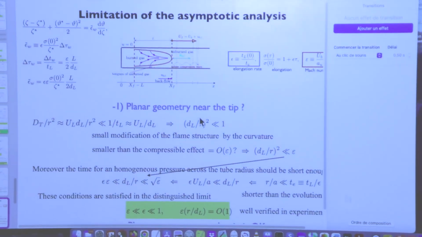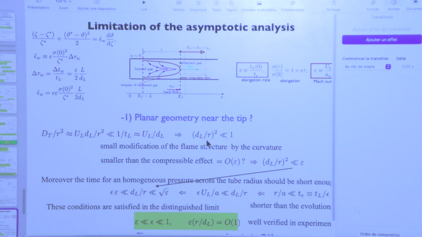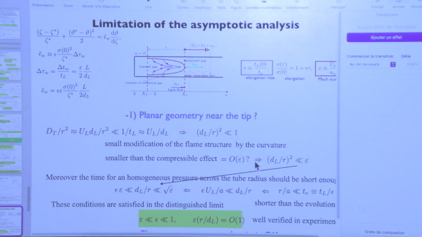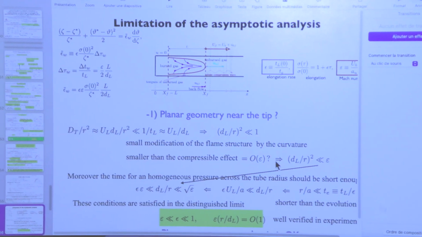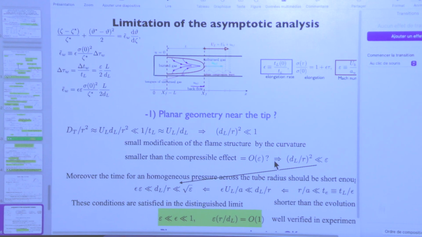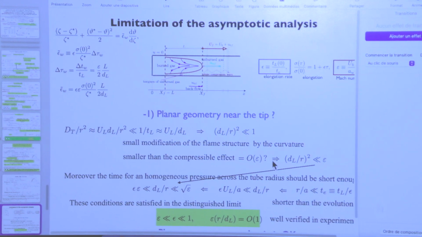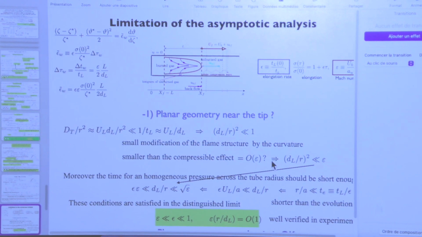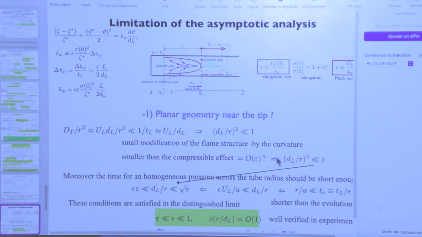But now, what you need is that this term should be smaller than the compressible effect that you have retained. Otherwise the analysis is not coherent. So what you need really, in order to assume that the flame can be considered as planar, is that this ratio squared should be smaller than the Mach number.